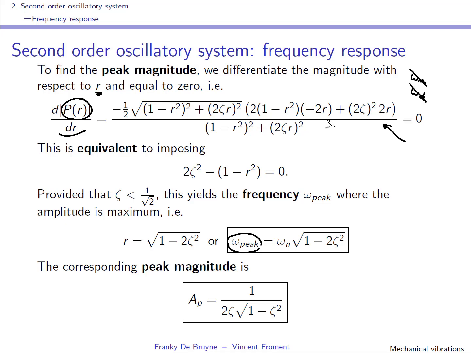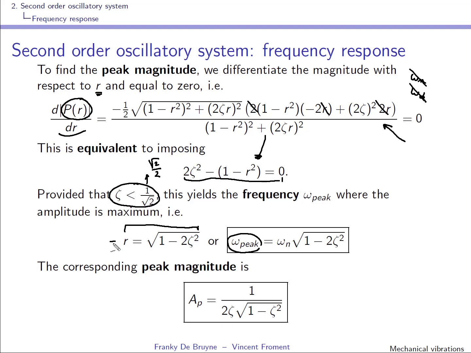You see here that the two R's over here will disappear, and this will be 0 if this thing here is equal to 0. So provided that zeta is smaller than this limiting value, which you can also write as square root 2 over 2, this will have a real solution, okay, and you can compute that solution to be R is equal to the square root of 1 minus 2 zeta squared, right?